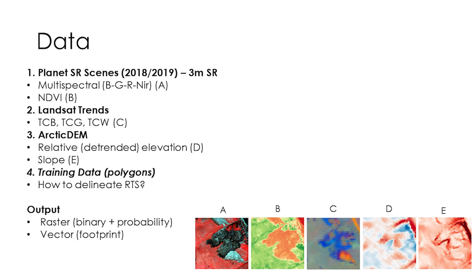On top of that, we also used the ArcticDEM, which is available for most regions across the Arctic. There are some gaps and holes here and there which might cause some trouble, but overall they're covering most of the areas quite well. There we used relative elevation, so detrended elevation. On top of that, we calculated the slope in degrees, and we used Google Earth Engine for calculating all these values.